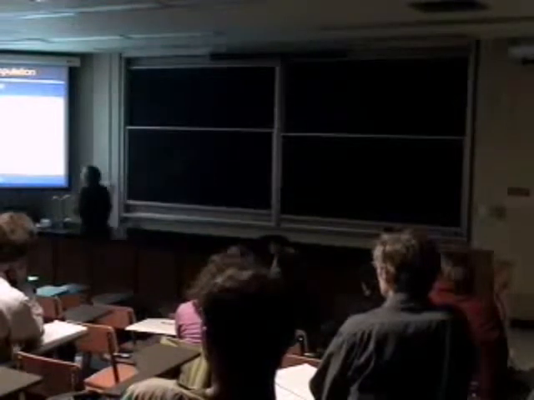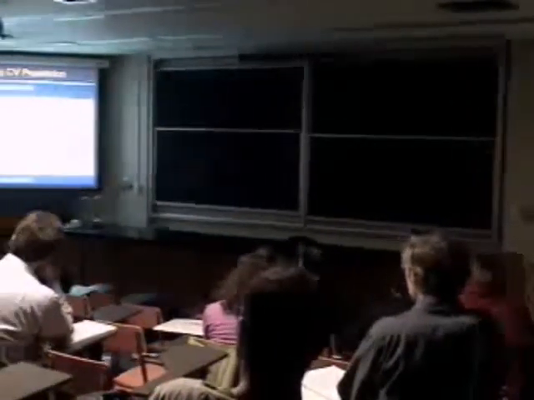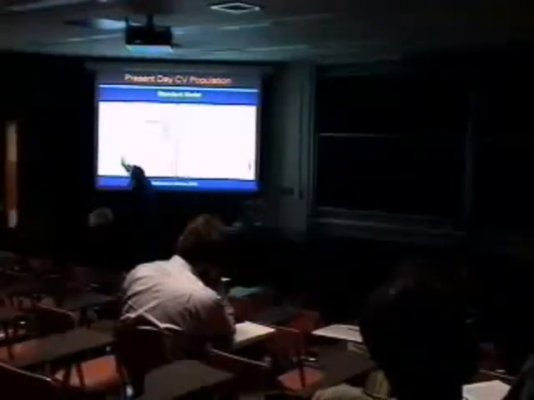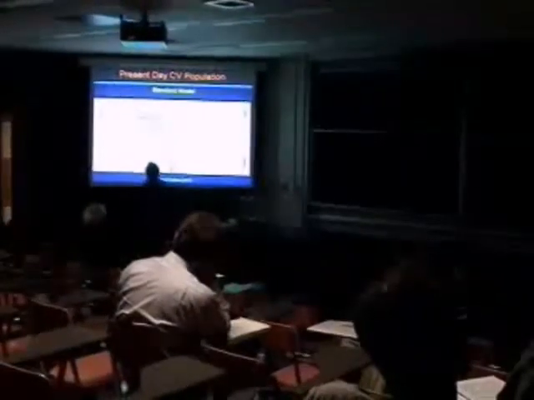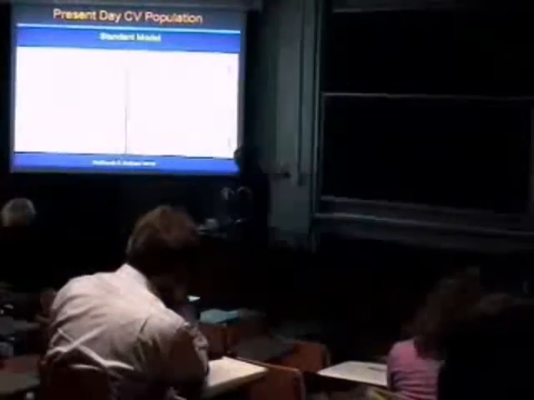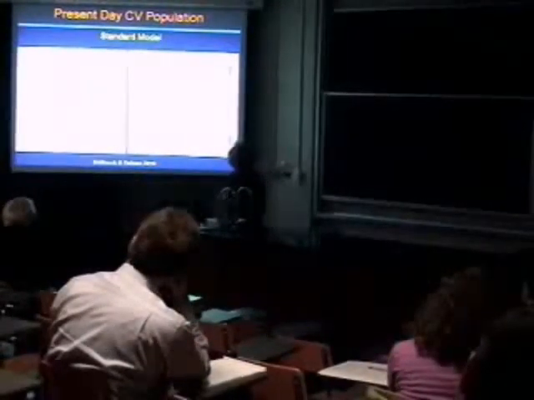But what we see in our results here, again, this is a logarithmic scale, is that most CVs actually have orbital periods between 2 hours and the minimum orbital period, probably more than 95%. And that's somewhat unexpected.